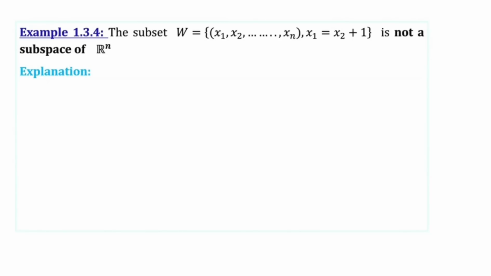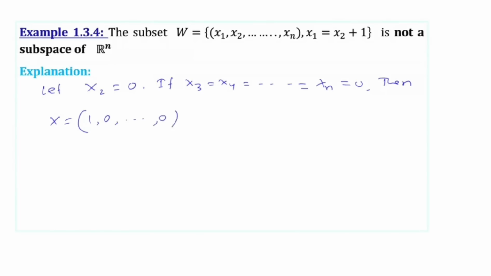Now another example is the subset W of Rn where the condition is that the first entry x1 is x2 plus 1. In this case we have to show that it is not a subspace. First we will see whether the zero of Rn belongs to this W or not. For that, let x2 equal 0, and also take x3, x4 and xn all as 0.